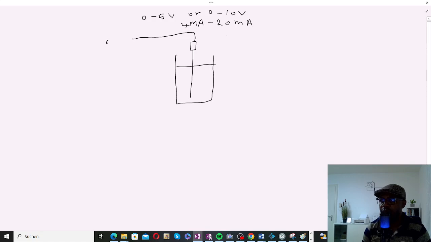So the signal coming from this sensor could either be a 0 to 5 volts signal, 0 to 10 volts signal, or 4 milliamps to 20 milliamps signal. And there's a reason why, for example, this is 4 and not 0. It has its advantage, and that's what we'll look at maybe in another video.